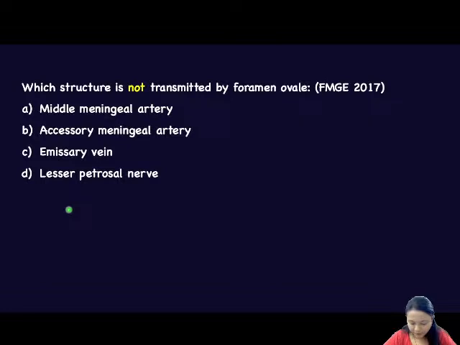Come on, somebody should attempt this. Okay, nobody is attempting this very easy one. So what is the answer?